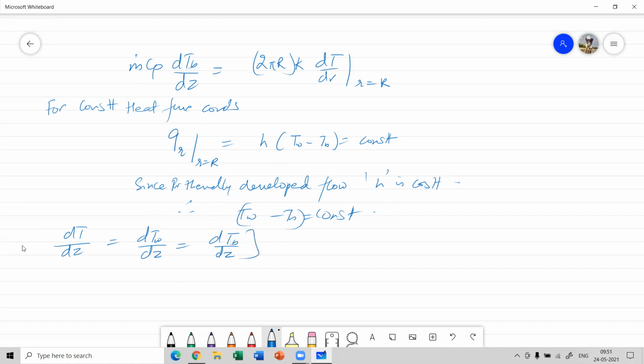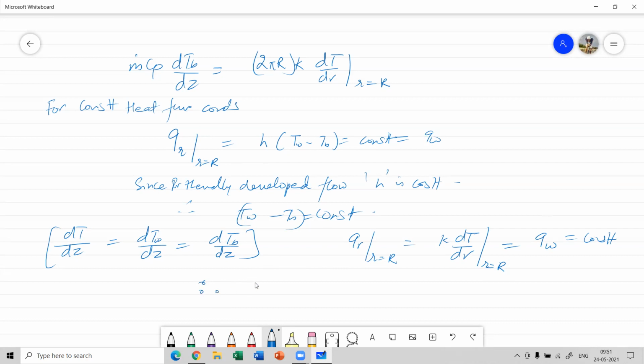So dT by dz, that is the temperature gradient at any given position in the pipe, is same as dTw by dz is equal to dTb by dz. Therefore, since qr at r equal to capital R is k dT by dr at r equal to R, which is again a constant qw.